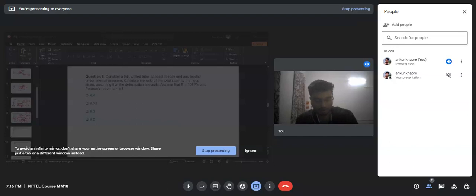Okay. So according to that, first we'll calculate the sigma y value, that is P d t upon 4t.